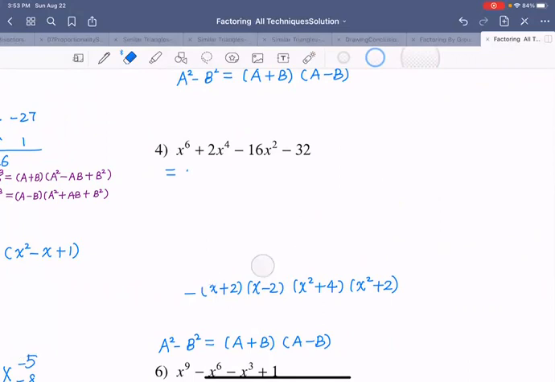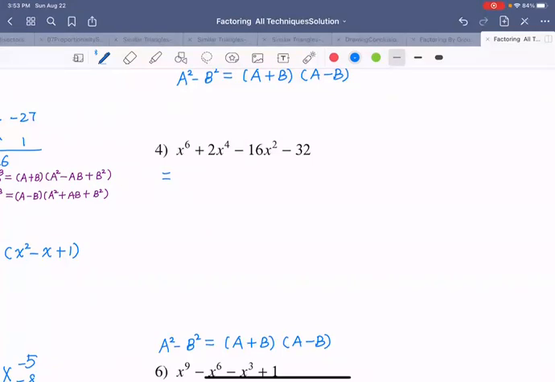Now, next one. Shang Li, number 4. Regrouping. Go ahead. x times parentheses. Hold on.